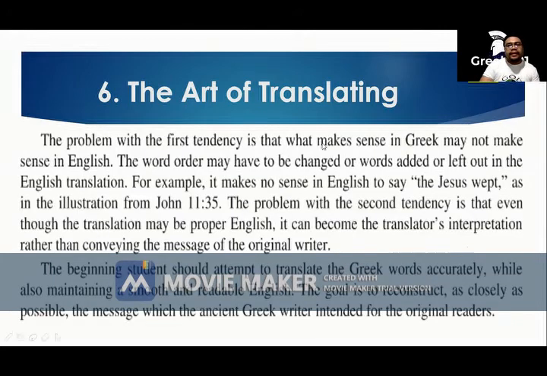So the problem is what makes sense in Greek may not make sense in English, of course, because the word order is different. Like the example earlier, Jesus wept, so it doesn't make sense word for word. So it is interpreted as Jesus wept. The problem in the second tendency is that even though the translation may be proper English, it becomes the translator's interpretation rather than conveying the message of the original writer.